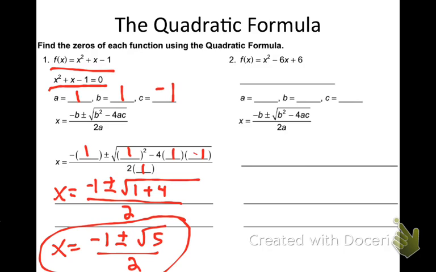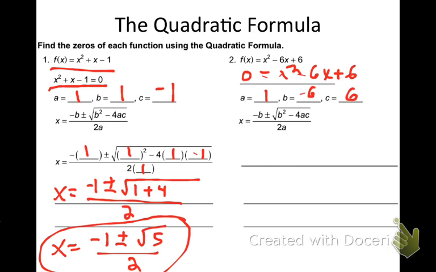Okay? Number 2 now. Let's try number 2. F of x equals x squared minus 6x plus 6. I always want to set everything equal to 0. So really this is 0 equals x squared minus 6x plus 6. A equals what here, Sage? A is 1. B is what, Reagan? -6. And C is what, Garrett? 6.